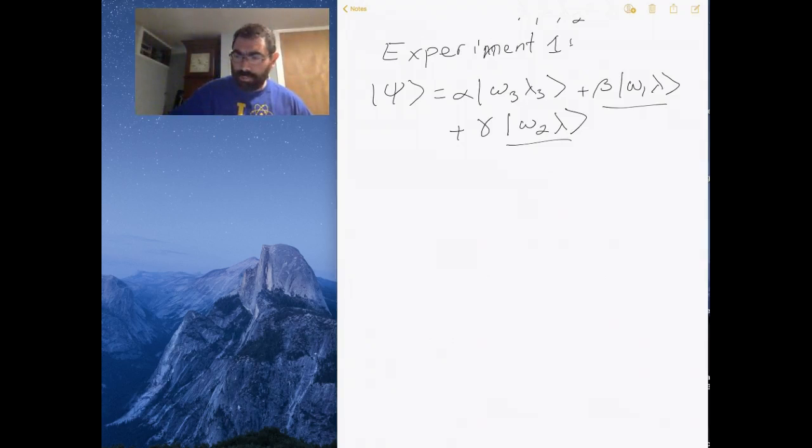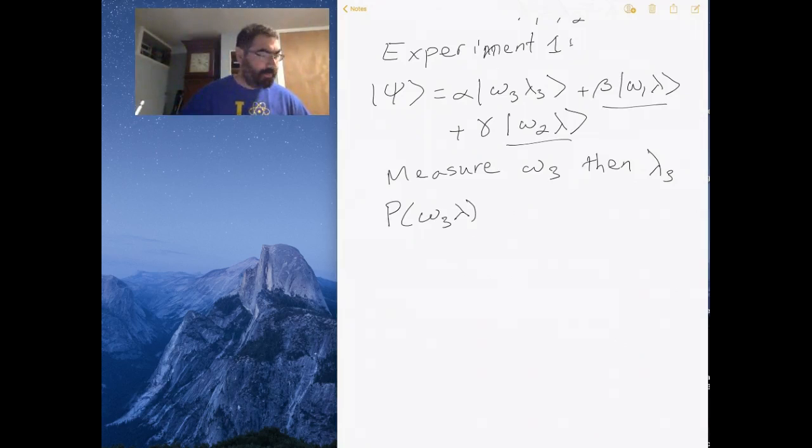So if we want to say, let's measure omega 3 first, then lambda 3. Okay, so basically the probability of measuring omega 3 then lambda 3 would be the projection of omega 3 lambda 3 on psi, squared.